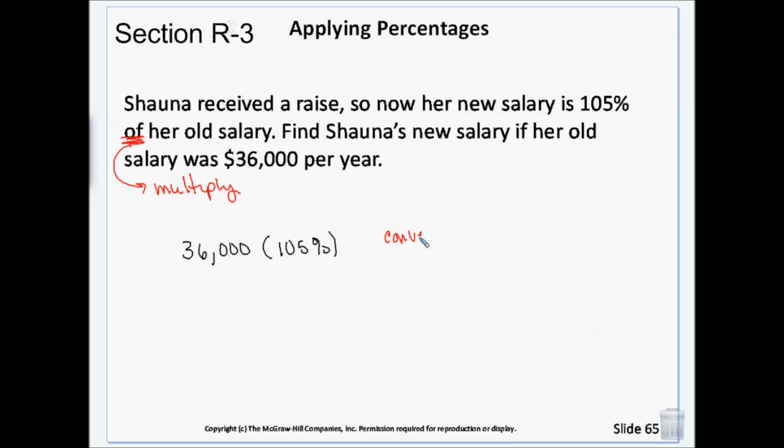So I'm going to move 2 places over. So I have 36,000 times 1.05.